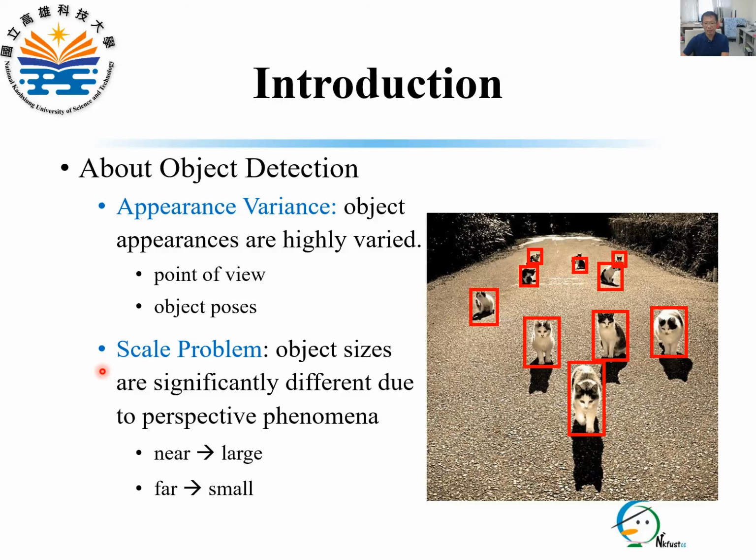Scale problem means that object sizes are significantly different due to perspective phenomena. The objects near to the camera are large, but far objects are small. The Feature Pyramid Network (FPN) was proposed for mainly addressing the scale problem in object detection task.